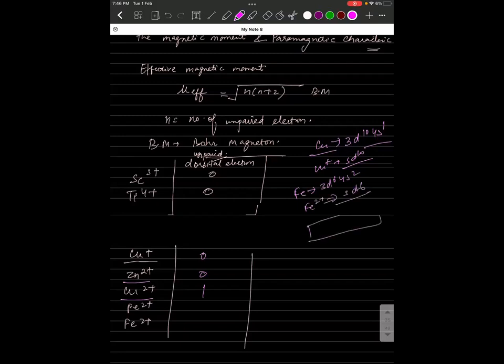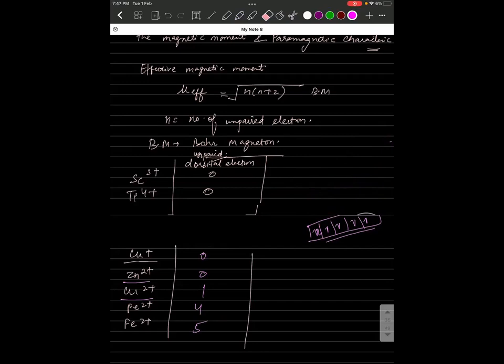Now if I fill these electrons, it will be like this. How many unpaired electrons? 4. Yes, 4 unpaired electrons for Fe2+. And now next, 5. Yes, 5.